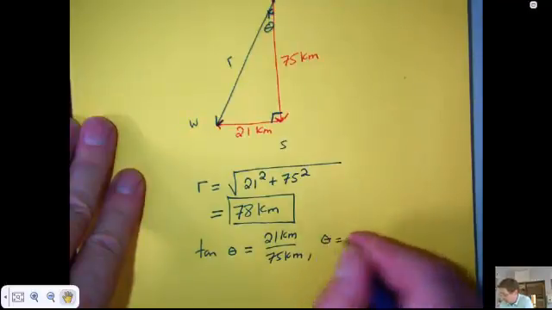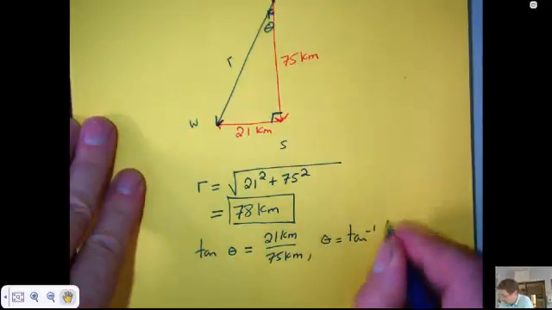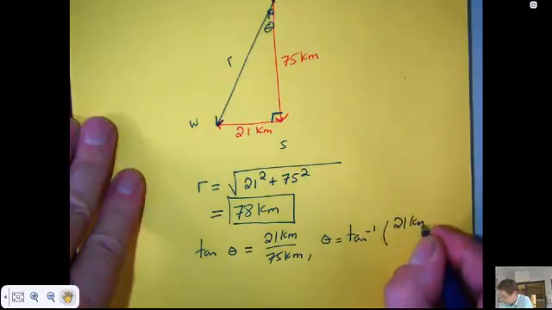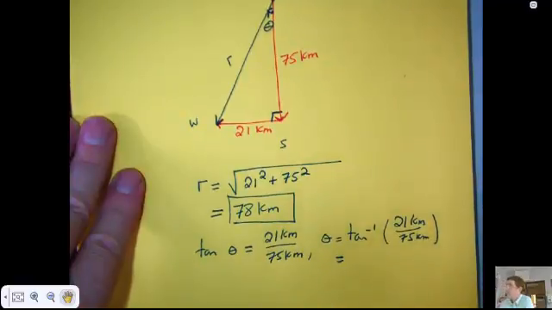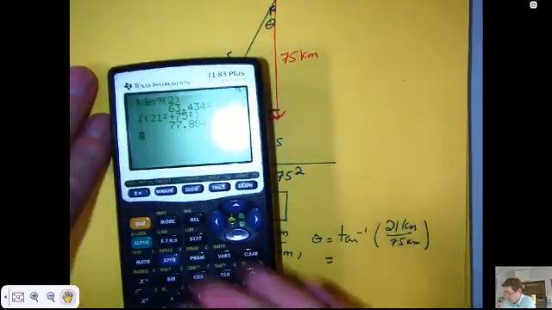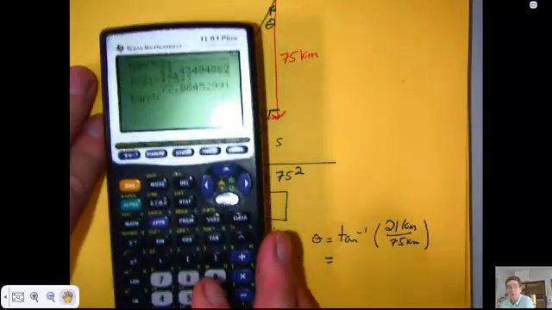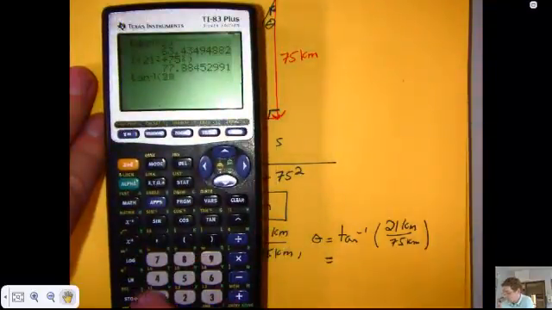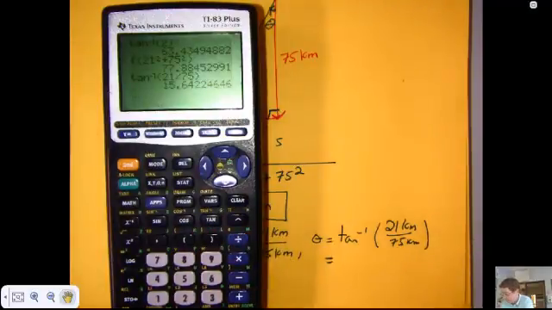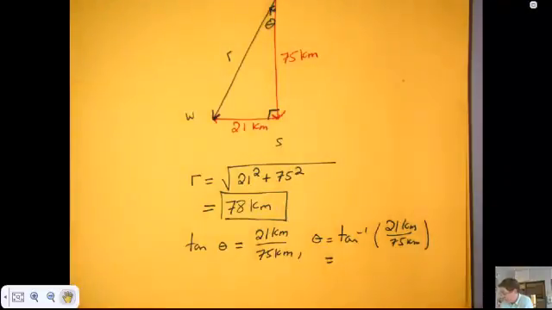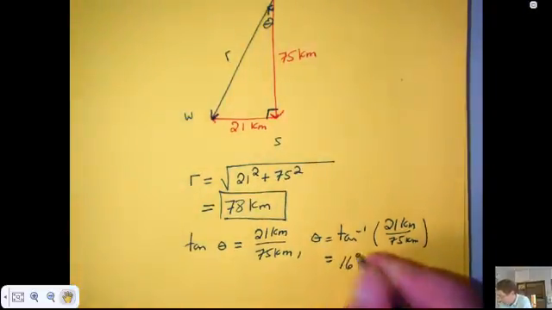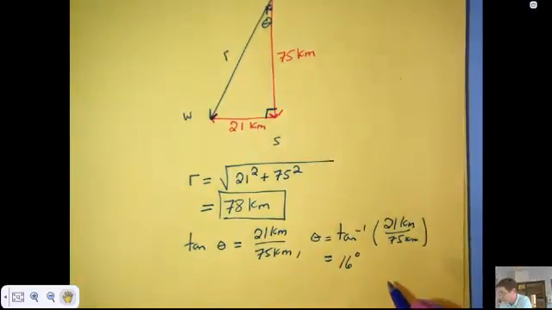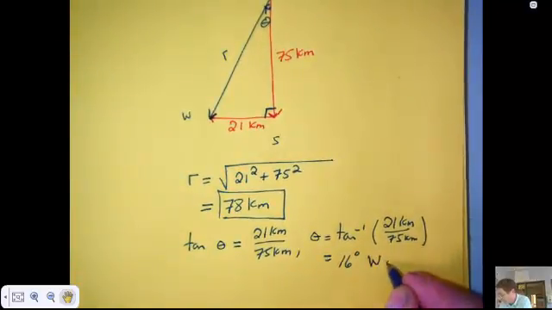Theta is the inverse tangent of 21 divided by 75. So 15.6 degrees, or 16 degrees, where? Yeah, west of south.